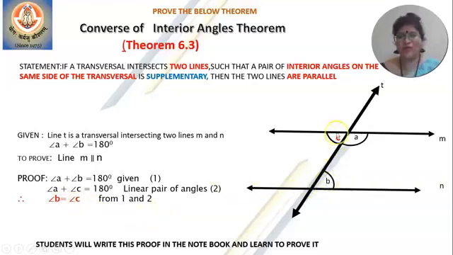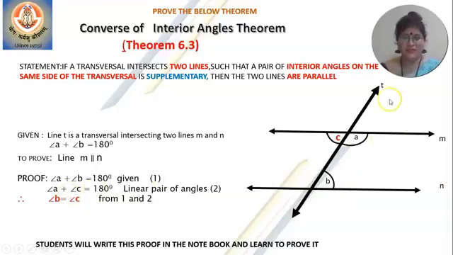Now look at B equal to C. These two angles are congruent. But when you look at the type of angles they are, are they not alternate angles because they are Z-shaped angles? So what have we proved here? We have proved alternate angles are congruent. Now you have learnt one theorem.